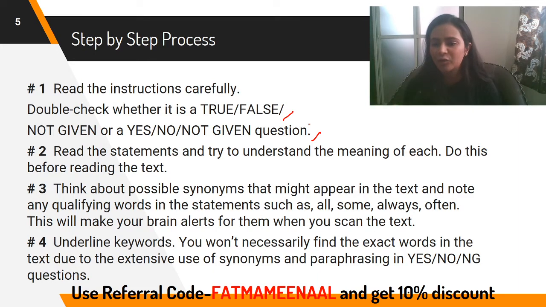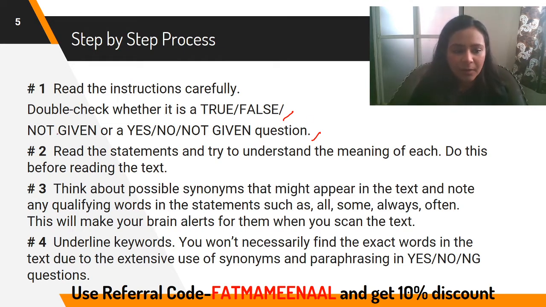It will be factual information that will be put up. And unlike that, in yes to not given questions, you will mostly have an opinion, right? A thought process, an opinion. So make sure fundamentally you're reading your question and clarifying for yourself what it is. Okay? So that's the first thing you need to do. Make sure you're reading the question. Okay?